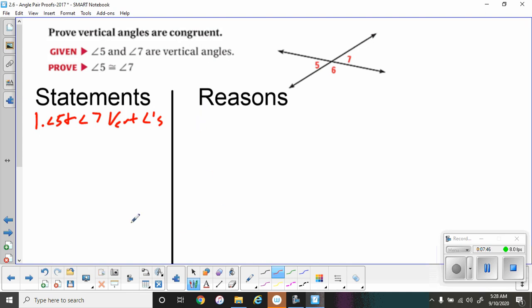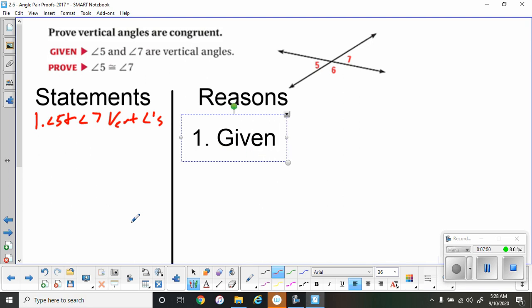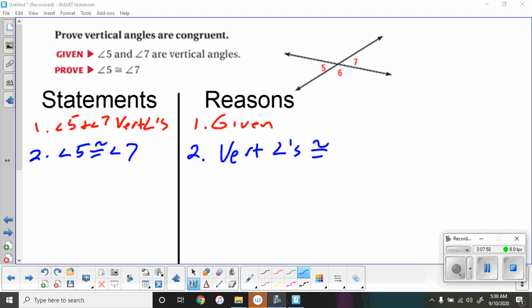That would be given. Then we can say that angle 5 is congruent to angle 7 because vertical angles are congruent.